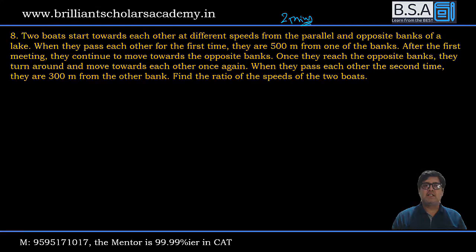Two boats start towards each other at different speeds from the parallel and opposite banks of a lake. When they pass each other for the first time, they are 500 meters from one of the banks.